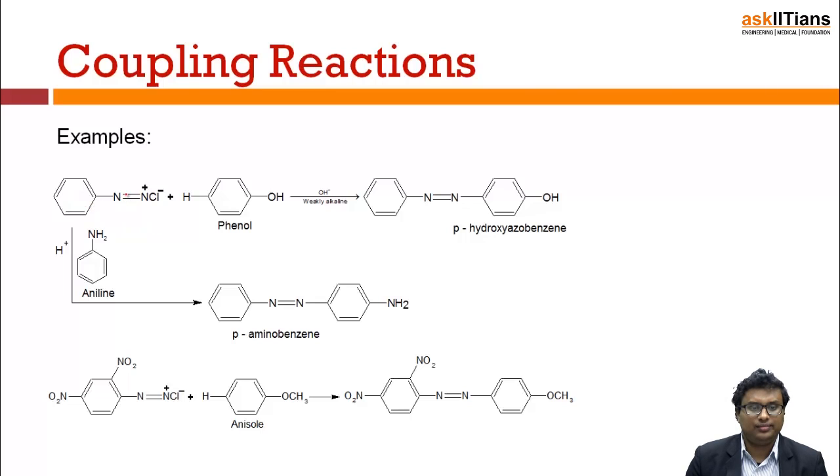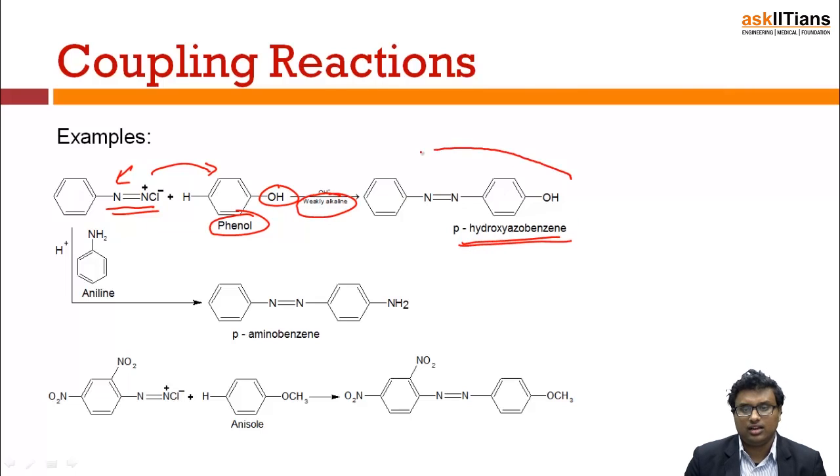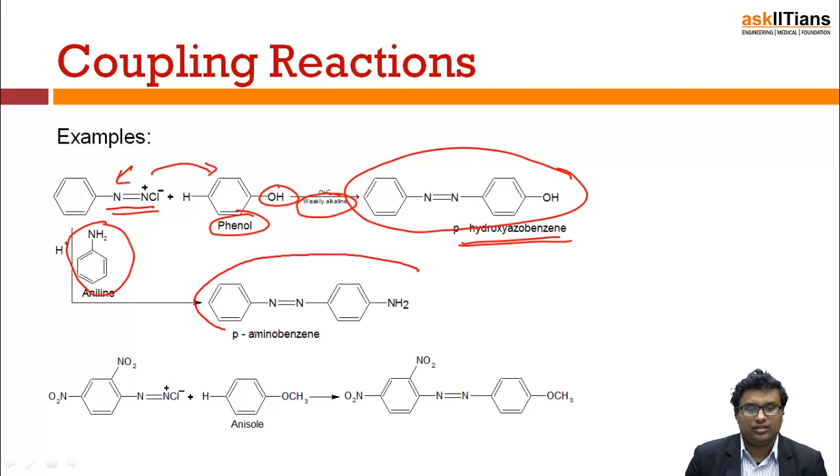So you can see here the salt, benzene diazonium chloride in presence of phenol. Now we have Z, which is an activating group, and here it is phenol. In presence of weakly alkaline medium, you will get para-hydroxyazobenzene. This is a coupling reaction. In presence of aniline, again a coupling reaction, where you have para-aminoazobenzene.